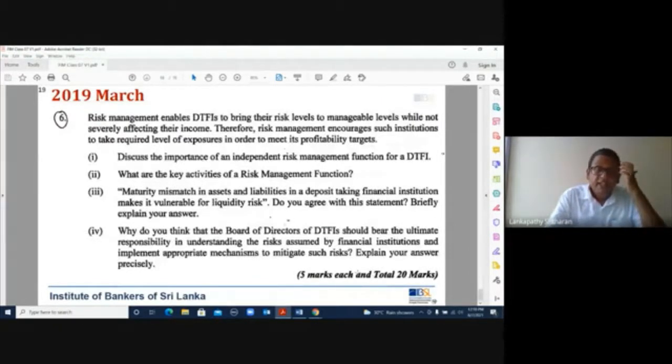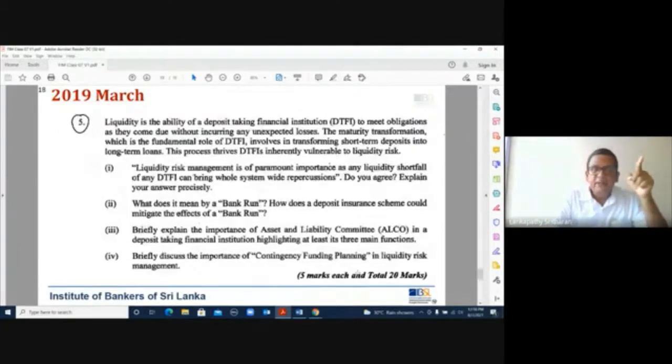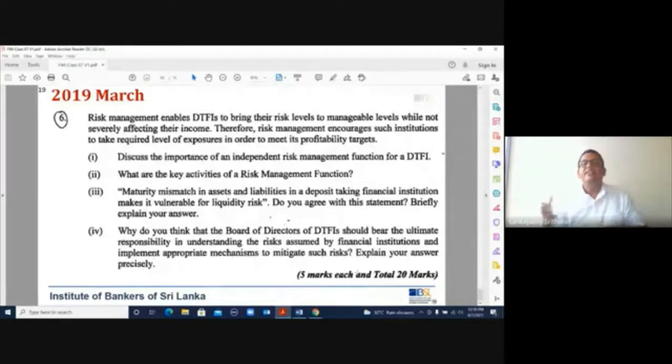The risk management, again, if you have observed, in 2019 March there are 2 questions, so you can earn the 40 marks from risk management. The risk management enables the deposit-taking finance institution to bring their risk level to a manageable level while not severely affecting their income.